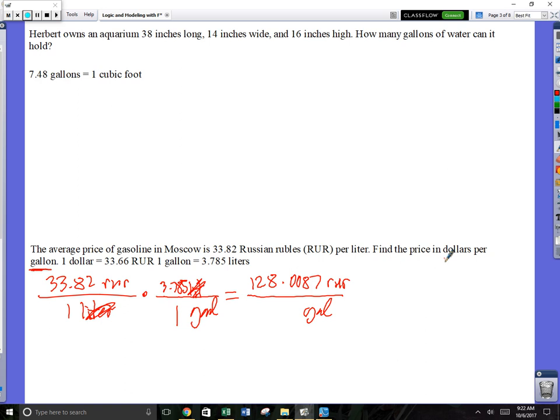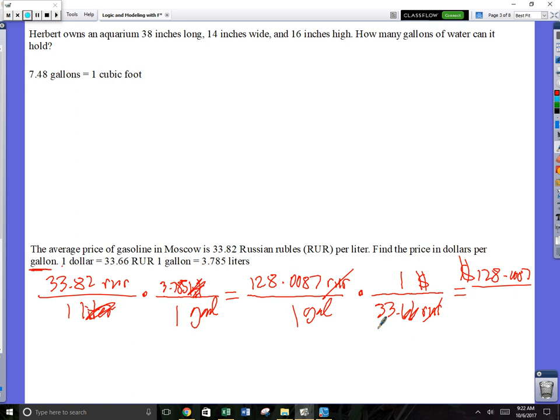Okay, now we just need to change rubles to dollars. So I'm going to times this by something. If I got rubles on top, I'm going to put rubles on bottom and dollars on top. And now I'm going to use this. $1 equals 33.66 rubles. So rubles divides rubles times your tops. It's 128.0087, and it is in dollars.